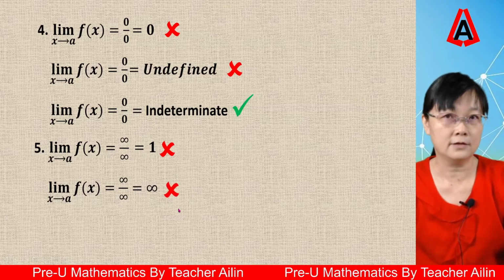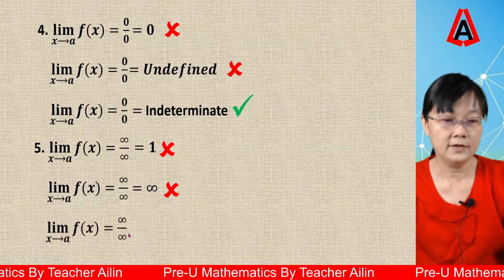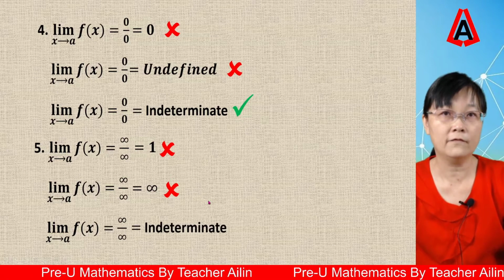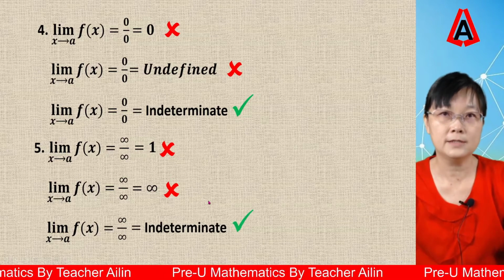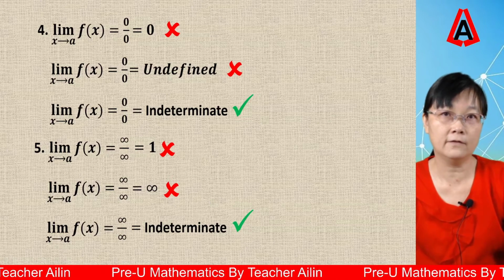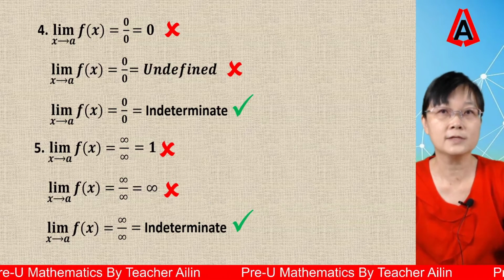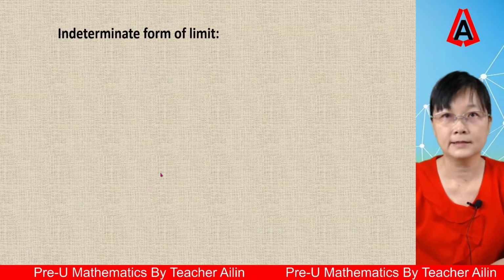No, it is not the correct answer too. Actually, infinity over infinity is another indeterminate form of limit, and it means the value of the limit is uncertain, and we should use another method to find the correct answer for the limit.